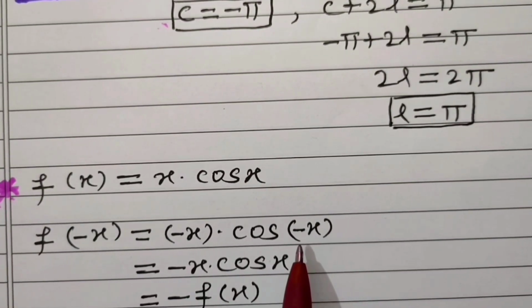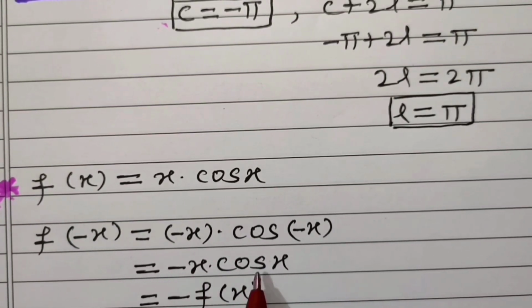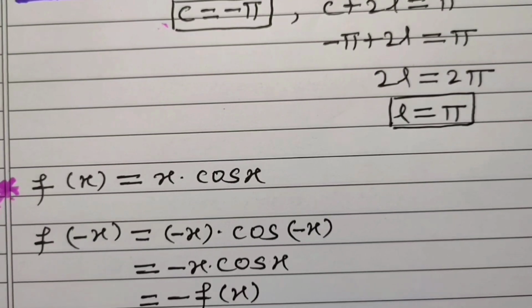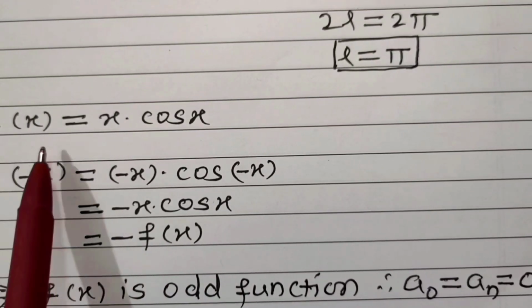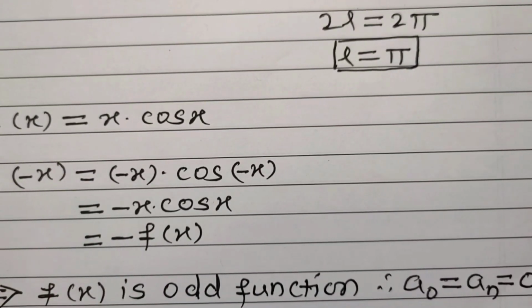So cos minus x is equal to cos x. Hence minus x into cos of minus x can be written as minus of x into cos x. But x into cos x is f of x. So we can write minus of f of x. And here it is clear that f of minus x is equal to minus f of x. This condition is satisfied. Hence the given function f of x is an odd function.